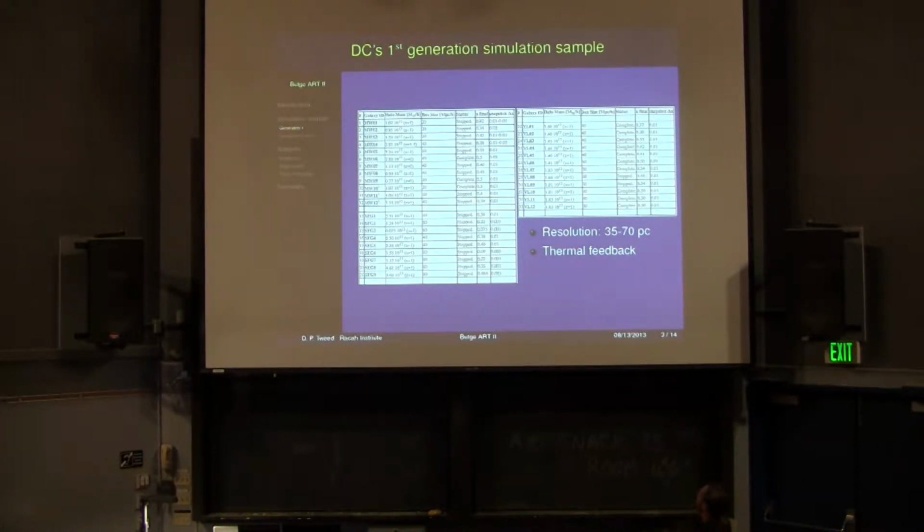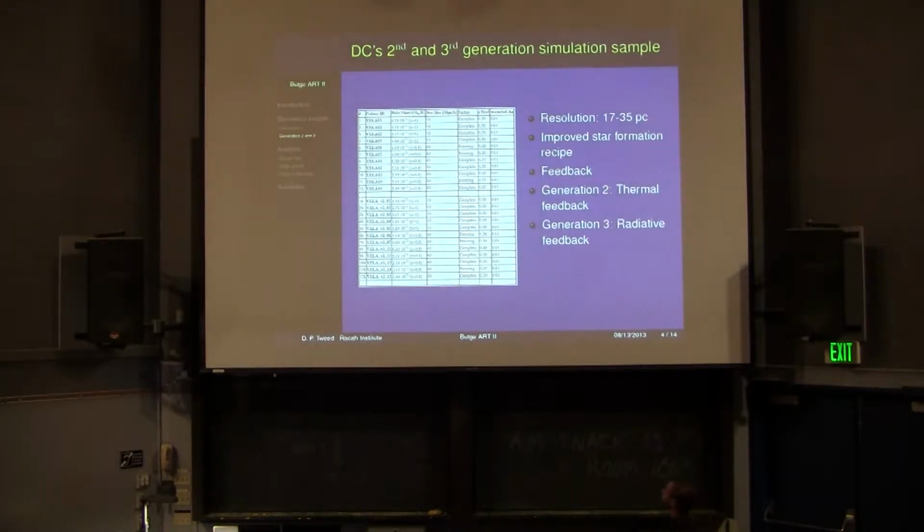Then generation 2 and 3. I'm only showing the part of the samples that I have already analyzed. There are more in the clusters that I'm going to analyze in the next few weeks. Generation 2 is the same simulation as generation 3 with the radiative feedback.